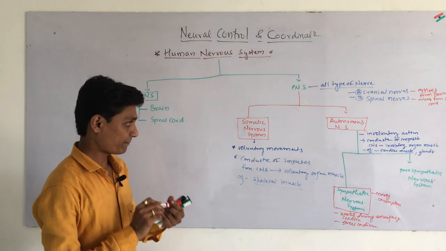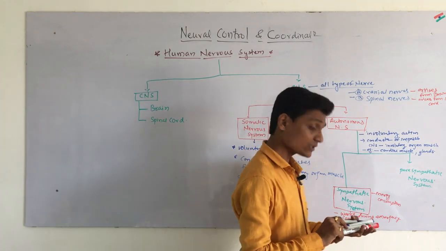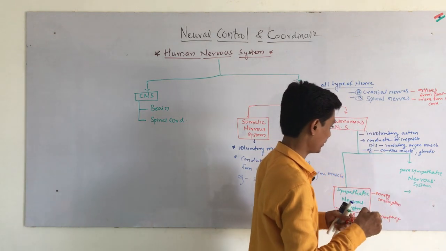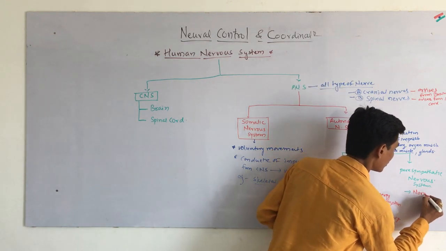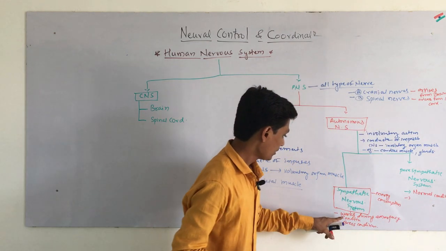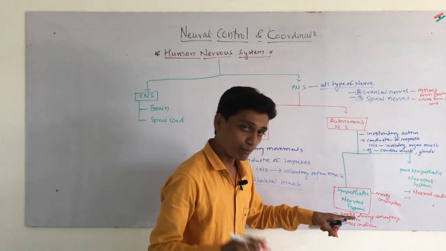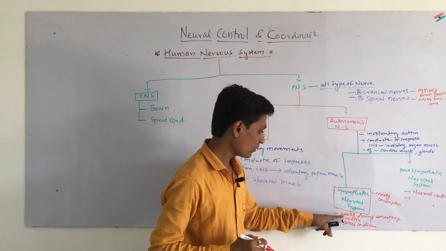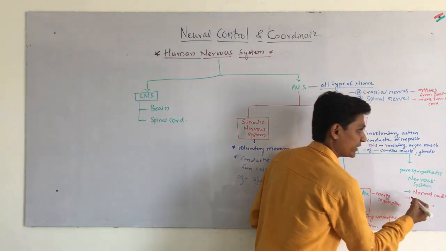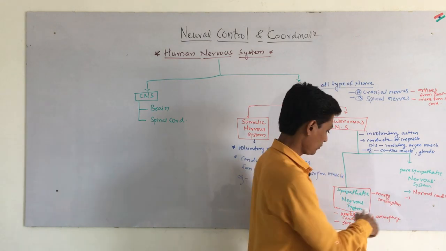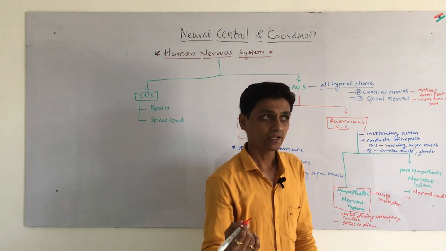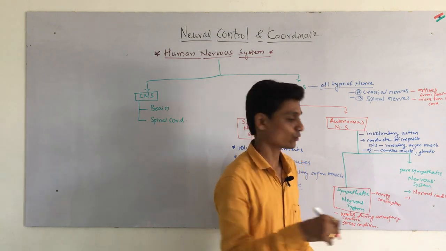While the parasympathetic nervous system works under a normal condition, and it brings the body from the stress or emergency condition to the normal condition. Here energy is not utilized; energy is conserved.